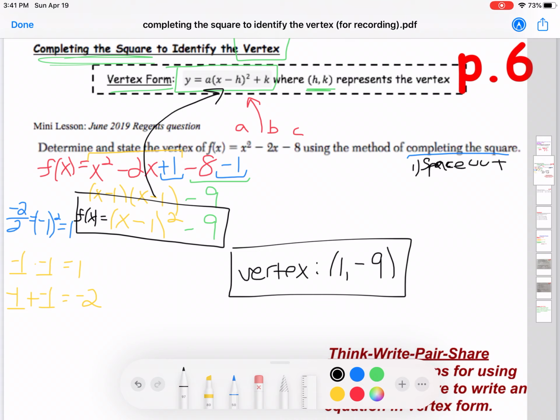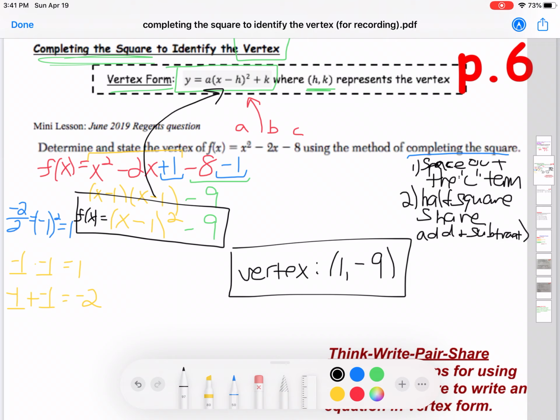The next thing that we did is we did the half square share. But in this case, again, after we take half square, what we mean by share is that we're going to add and subtract. So in this case, our sharing is really just an adding and a subtracting. We added that +1, then we subtracted the 1 from the end to balance it out.